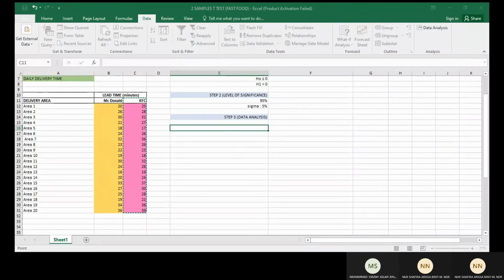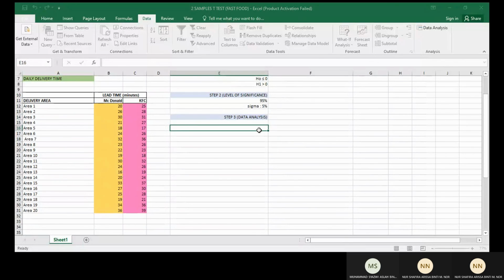And then we must tick on labels so that the data analysis will show the labels. And then we must change it to output range, and here we must choose which column and which row we want to put our data analysis.